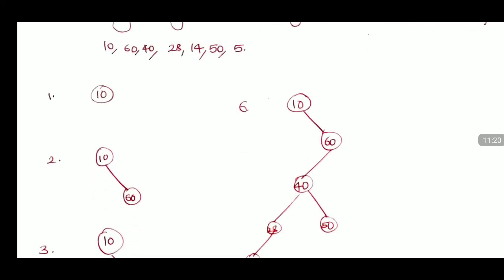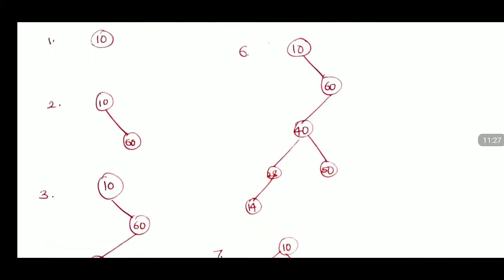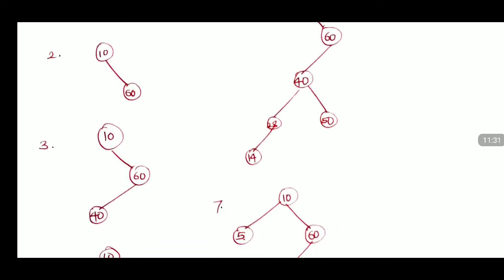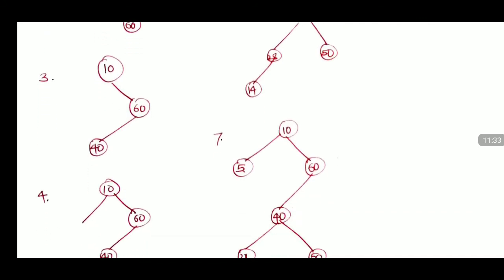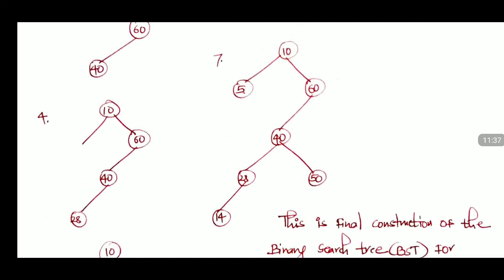Then next is 60, we'll go to the right part of 10. 40 is greater than 10 but less than 60, so it will go to the left part of 60, and similarly all other elements, and this one is the final construction.